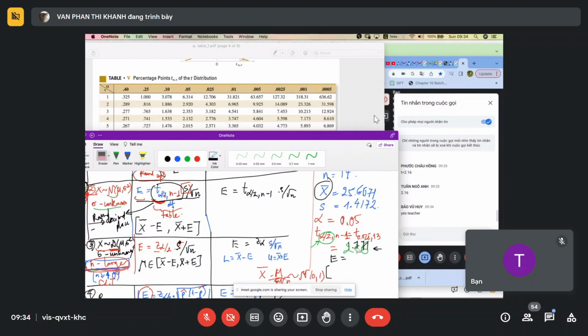Okay, after that, please find the error. Error here is t times s over square root of n. And then you don't have to find E, you just write the lower bound and upper bound for me.